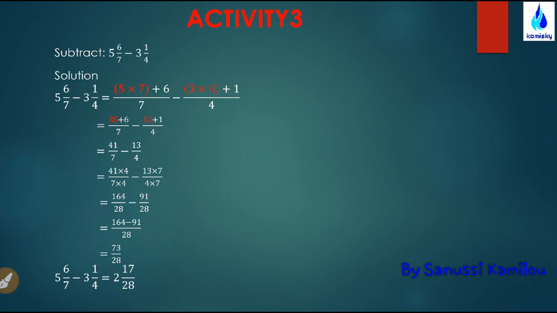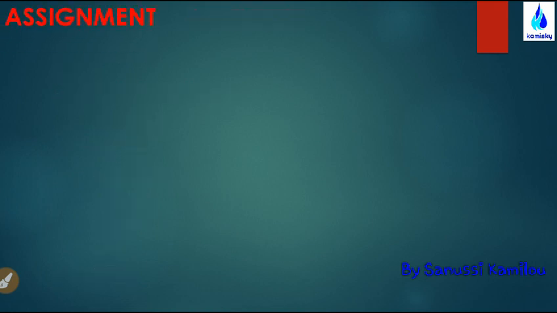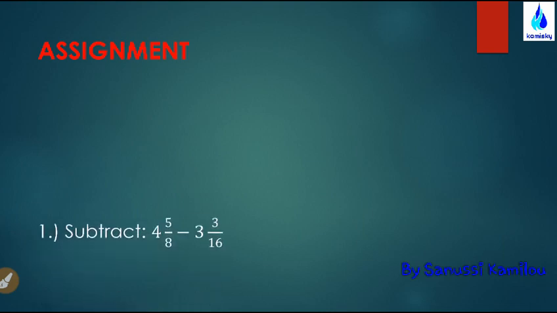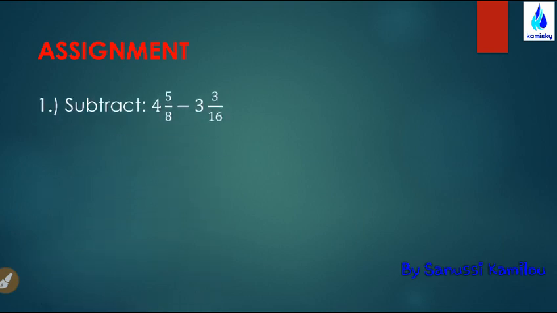Very good. Let's look at the assignments for the day. Subtract 4 whole number 5 out of 8 minus 3 whole number 3 over 16. Subtract 3 over 5 from 7.